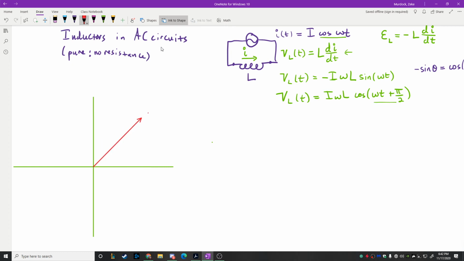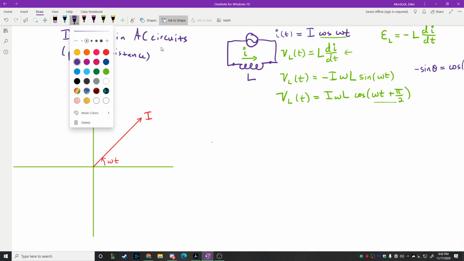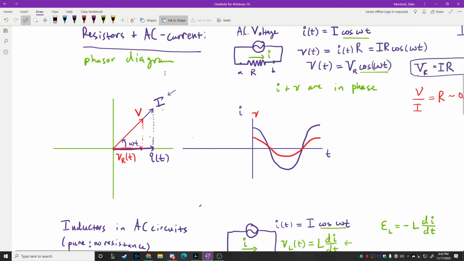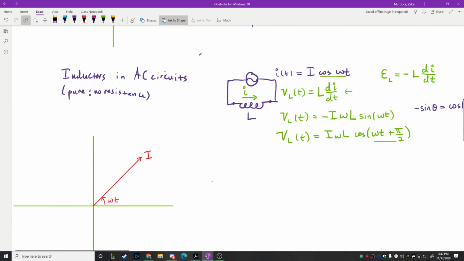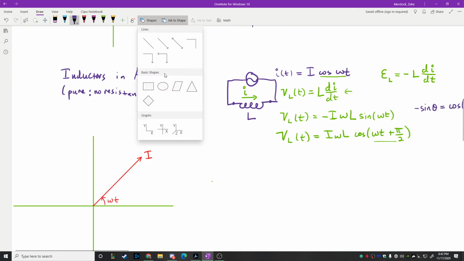Okay, so that's going to be my current phasor. And then the current phasor needs to have an angle right here, that's omega t. And now if I drop in my voltage phasor, did I switch colors on you guys? Yeah, I kind of did. Hopefully it's not too confusing. My voltage phasor is going to have to be at right angles to that.